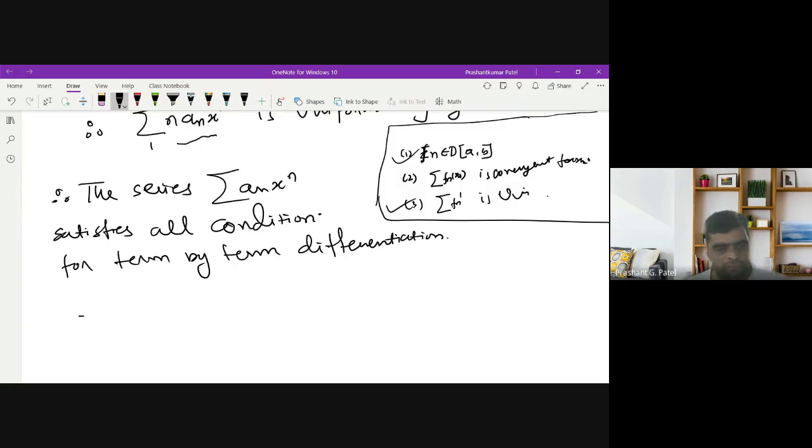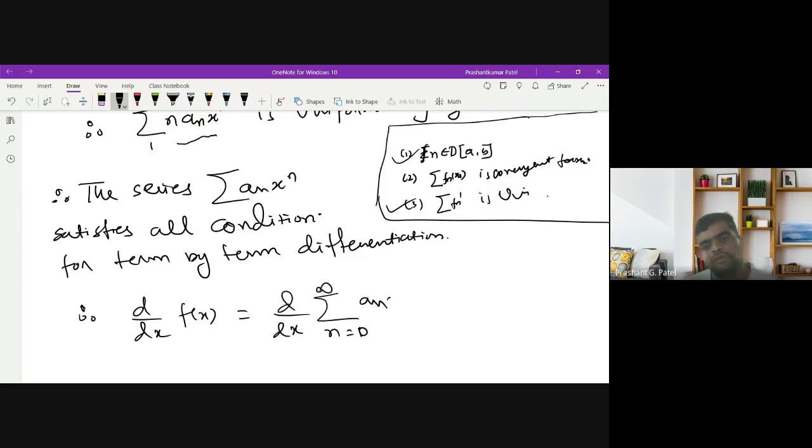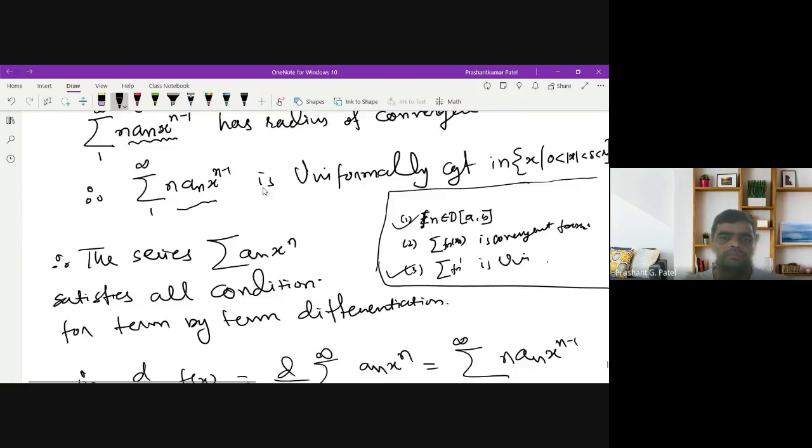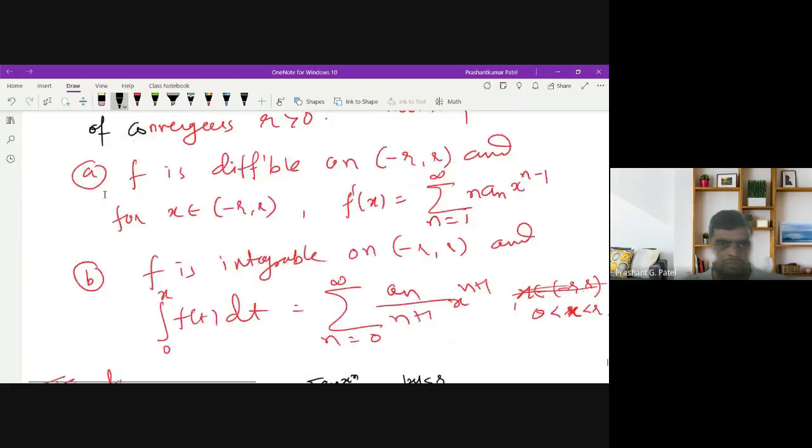Therefore, d by dx of f(x) is equal to d by dx of the summation n running from 0 to infinity of an x raised to n, which is the same as the summation running from 1 to infinity of n an x raised to n minus 1, the derivative of that. So that completes the proof for the first statement.